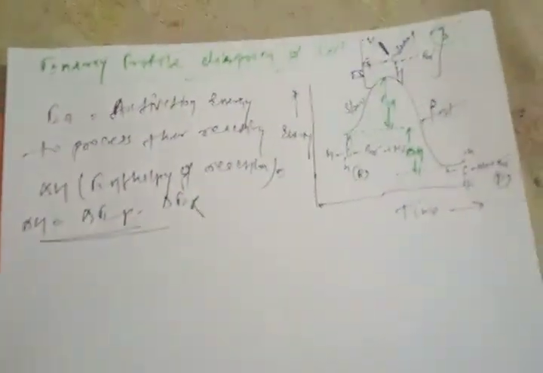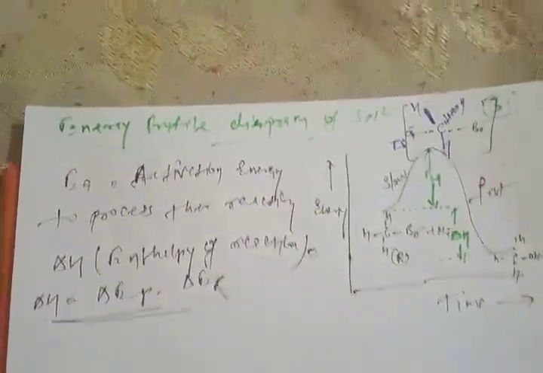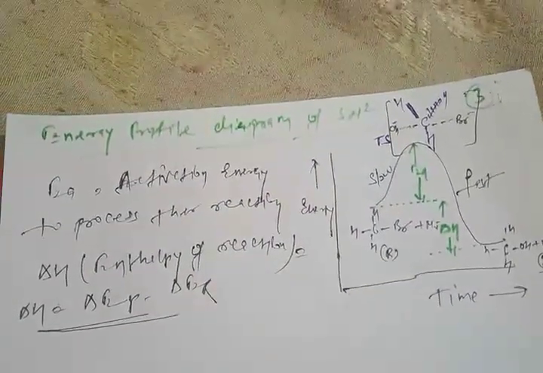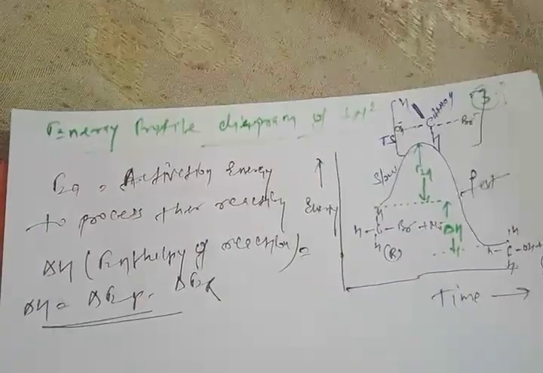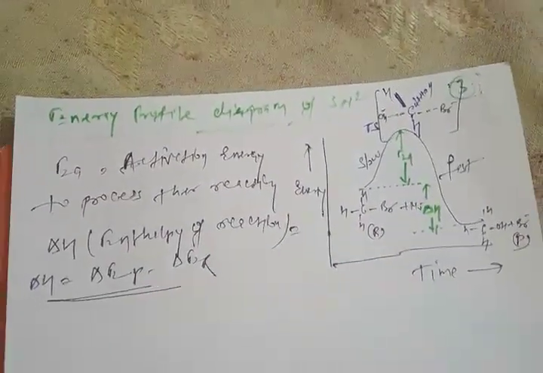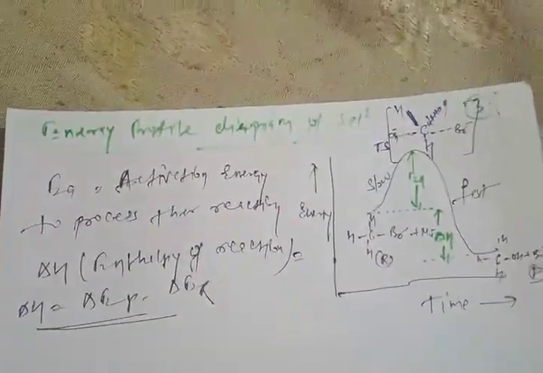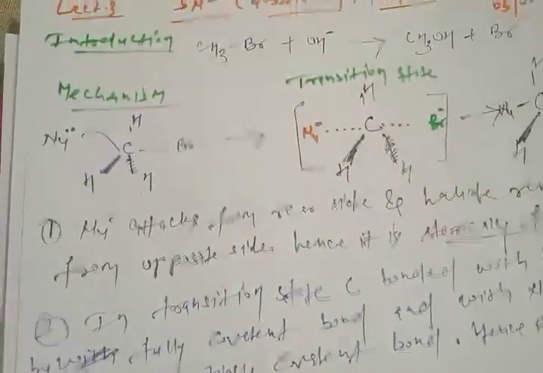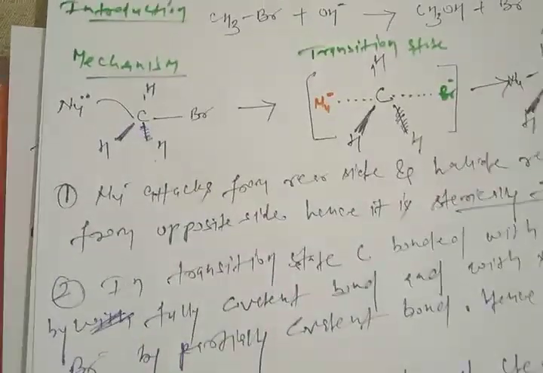Okay, so this is all for this lecture, and on the basis of lecture number 2 and lecture number 3 you can easily differentiate SN1 and SN2. I'm just going to say it verbally.